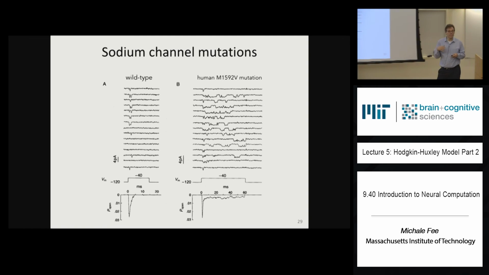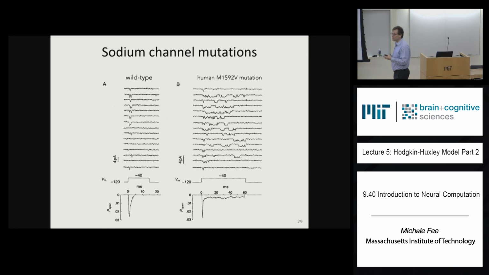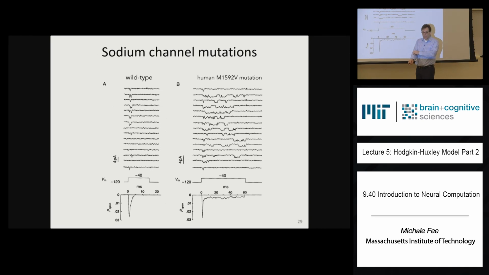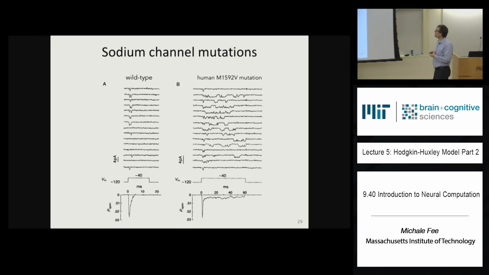So now let's do a patch clamp experiment where we take a muscle fiber from a wild type. You can just take a muscle biopsy, extract a little pinch of muscle, culture it in a dish, and you can do that for wild type normal human muscle fibers, and you can do it for muscle fibers from a person with this particular mutation of this sodium channel.